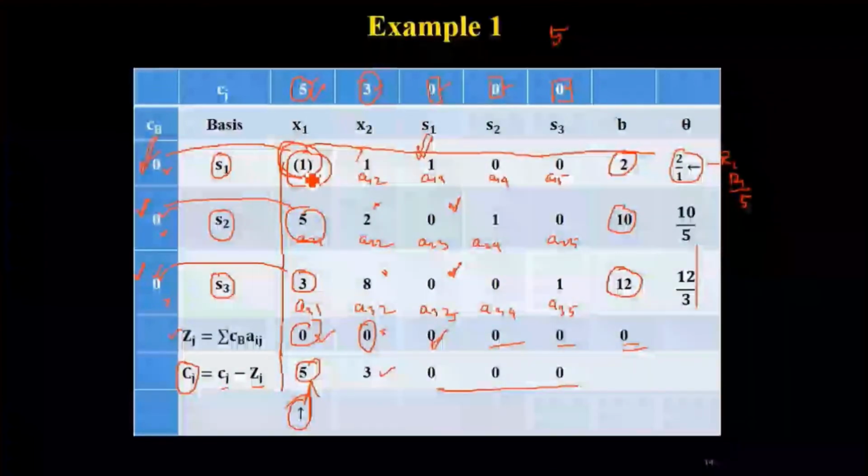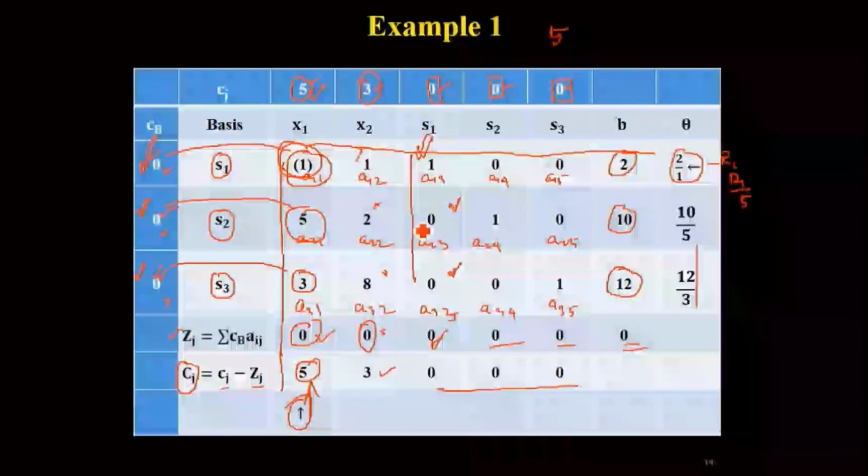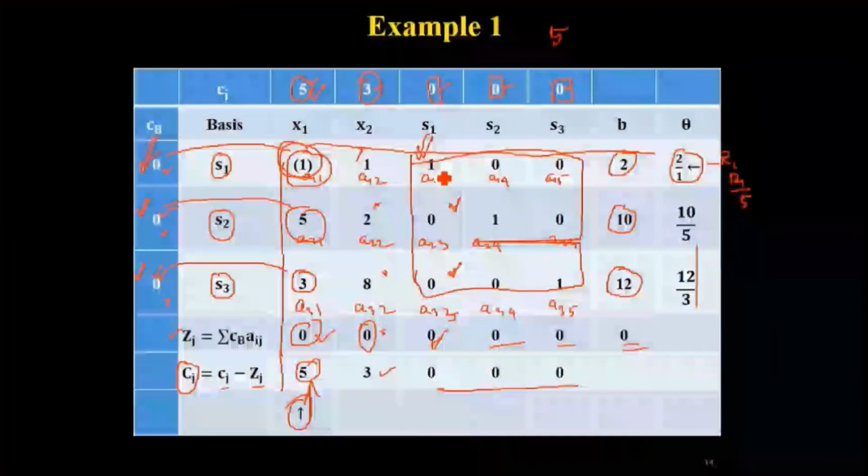After that, what to do? Below that, all other entries we have to make 0. If you see the unit matrix, yes or no? In this unit matrix, S1 represents the 1 0 0 column.